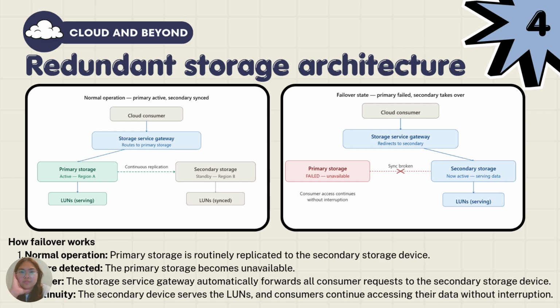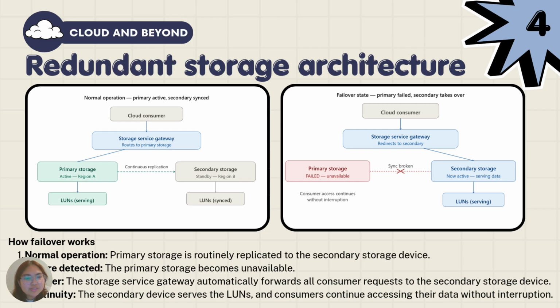So as you can see here, you've got normal operations, primary active and secondary synced. If a cloud consumer goes to a storage service gateway, it will reach the primary storage. Then the primary storage is syncing to the secondary storage, which is on standby. You have both logical units serving and LUN sync.